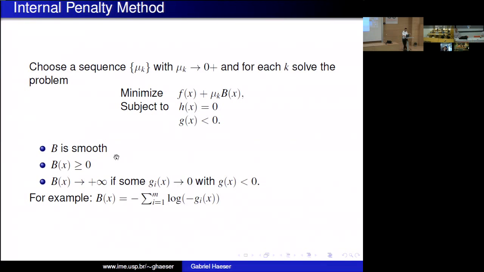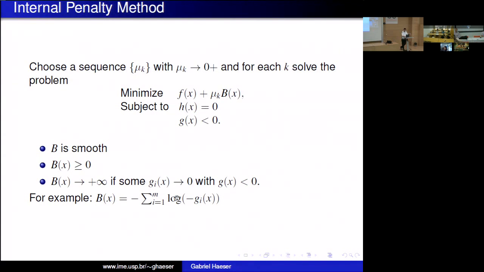So you have a smooth barrier function B. B of x is non-negative, and it goes to infinity if you are converging to the frontier of the set from inside. Okay, so for example, you can have this kind of condition.